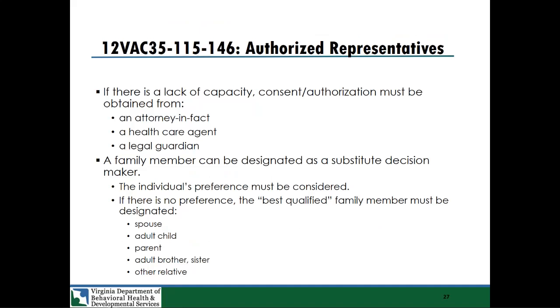This section on authorized representatives is a companion to the previously discussed section on determination of capacity.